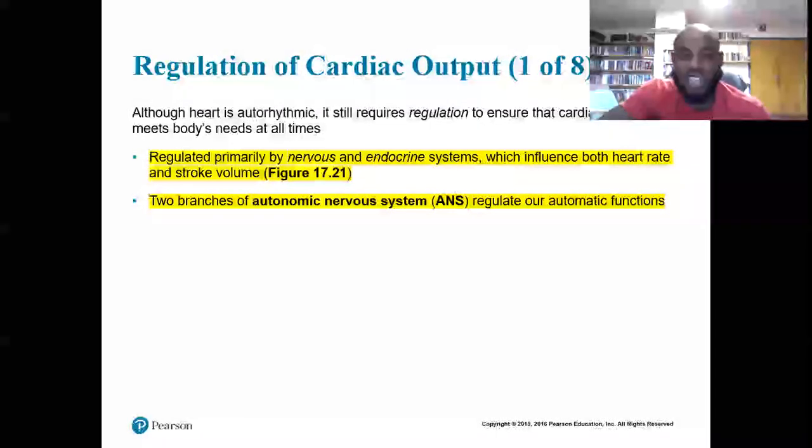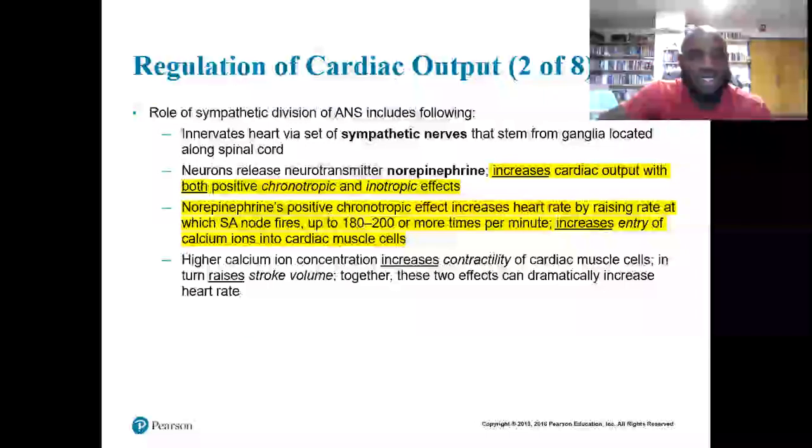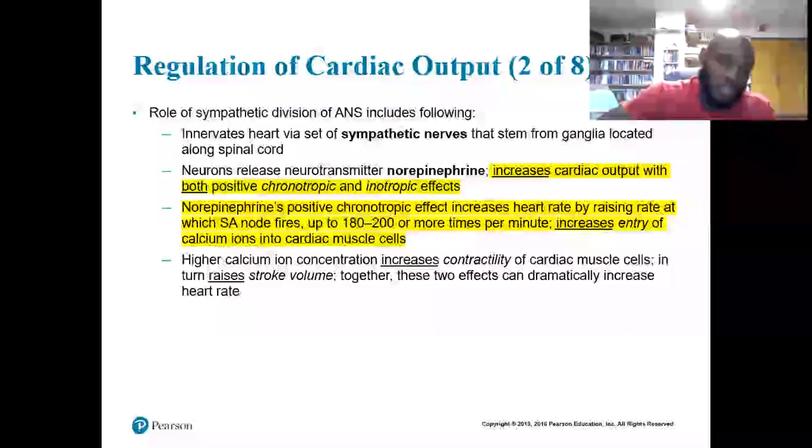Remember when you talked about the autonomic nervous system, the ANS? If you don't remember, you can go back through that chapter previously, but they can affect the heart rate. We're just going to go through it briefly here, because you've learned about this already previously.